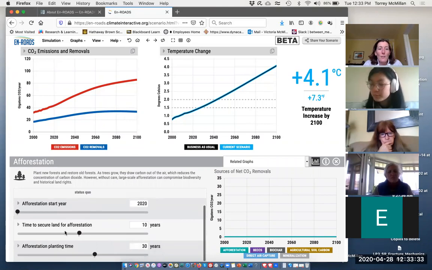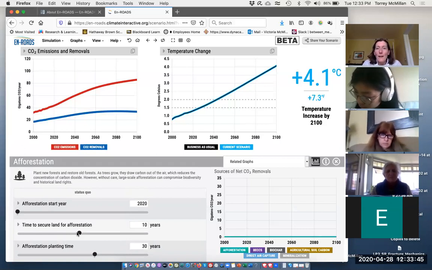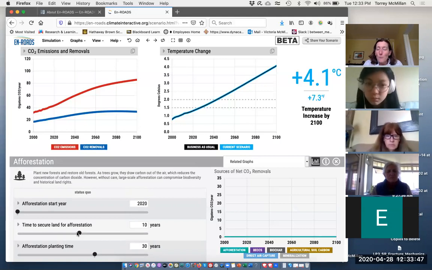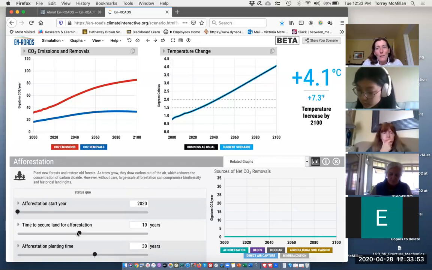They actually also have in here how long it's going to take you to secure the land, right? Because we may not even own the land or have access to the land that's available for planting. A lot of it is probably privately held. And so in the Cleveland Tree Plan, actually, this is really interesting to think about. They said like 80% of the area that's available for planting trees in the city is privately owned.